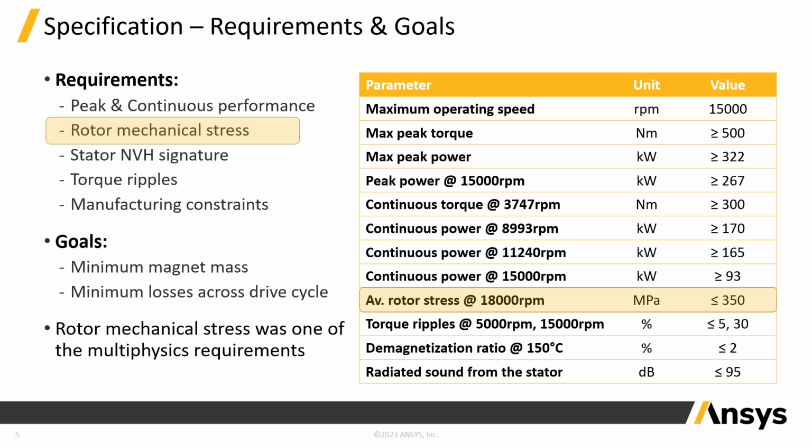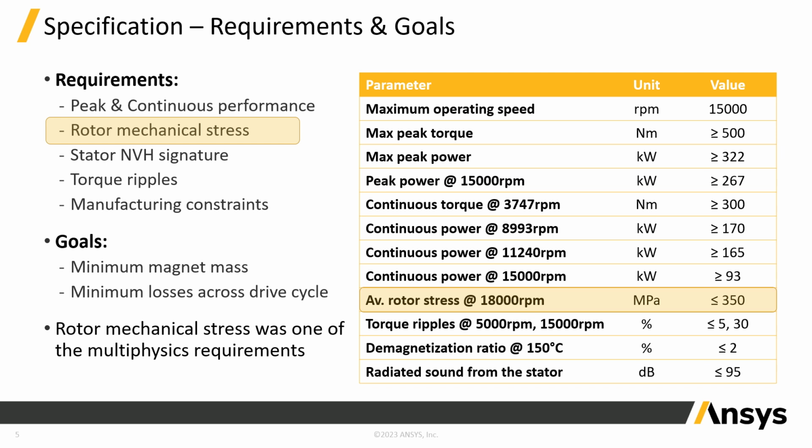As a reminder, the design of electric machines is quite a multi-physics endeavor. There were quite a few different requirements covering electromagnetics, thermal, mechanical, and electrical. One of those parameters that we looked at during the optimization procedure was the rotor mechanical stress. This was a test done at an overspeed condition, set to 20% over the nominal maximum working speed.